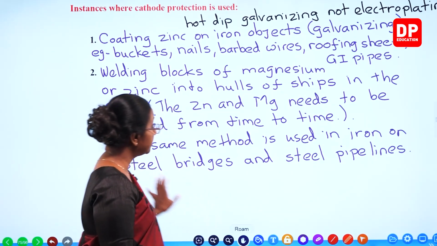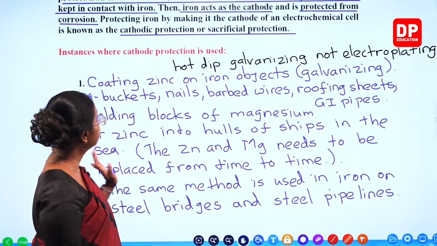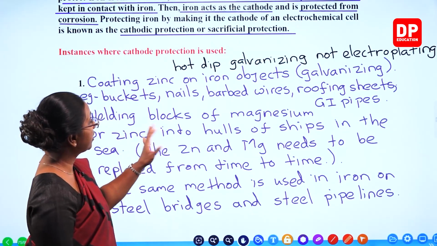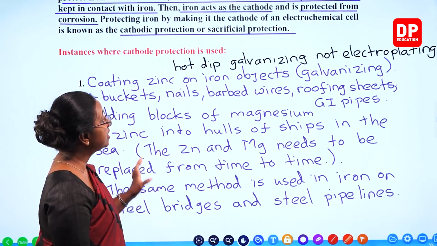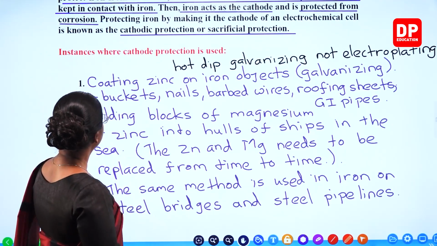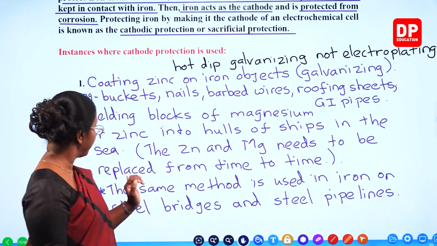So these are methods of protecting iron from rusting, that is cathodic protection. Coating zinc on iron objects, galvanizing, that is hot dip galvanizing, not electroplating. Example, buckets, nails, barbed wires, roofing sheets and GI pipes.